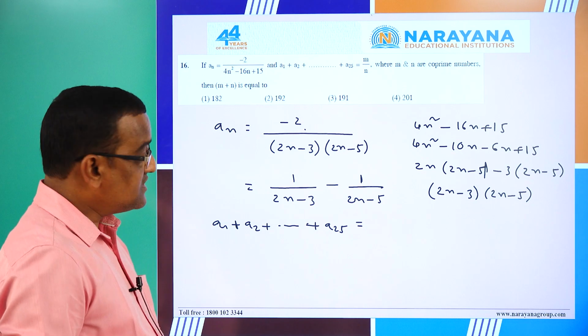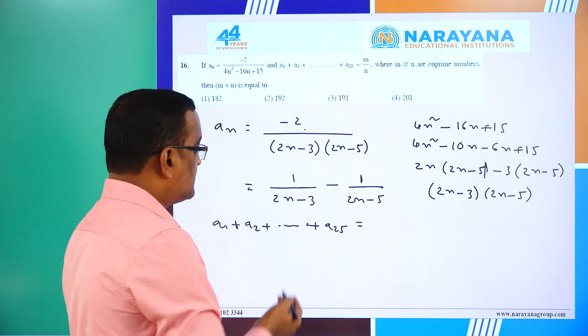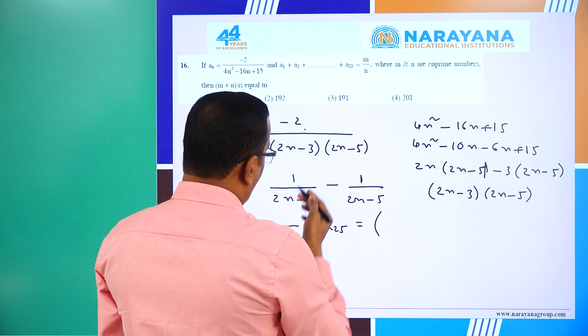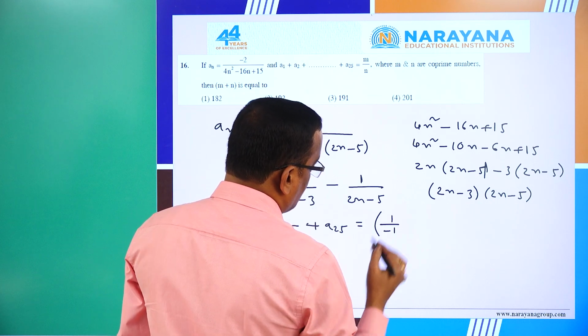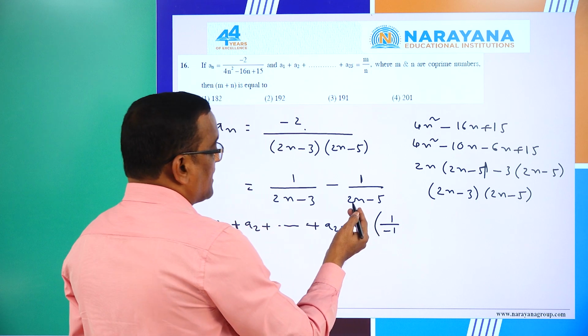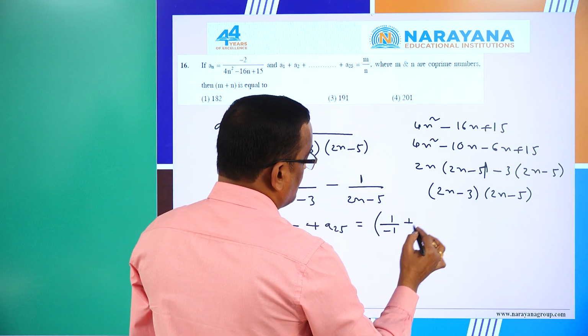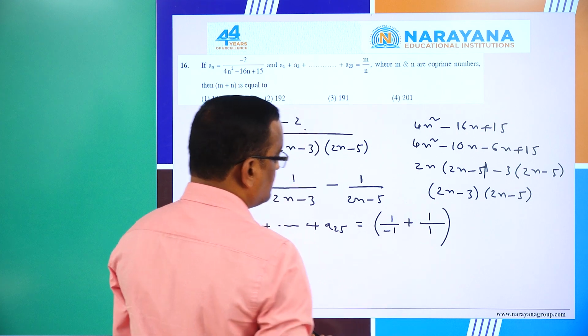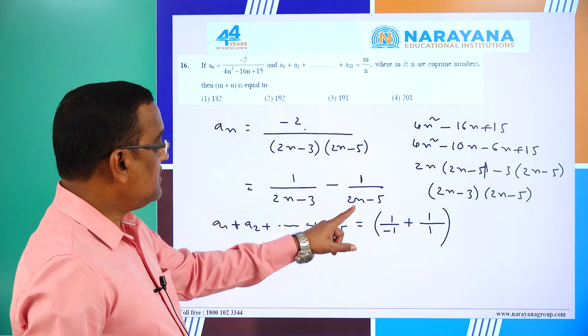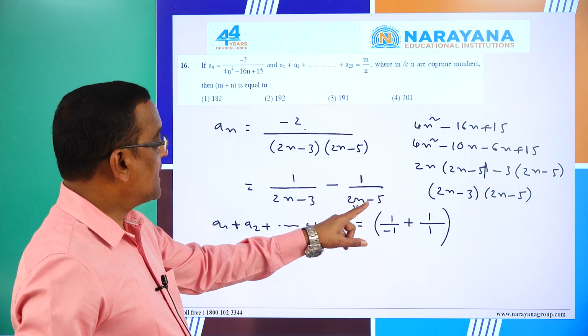To get a1, substitute n equal to 1 here. You get 1 by 2 minus 3, that is 1 by minus 1, minus 1 by 2 minus 5, which is minus 3.